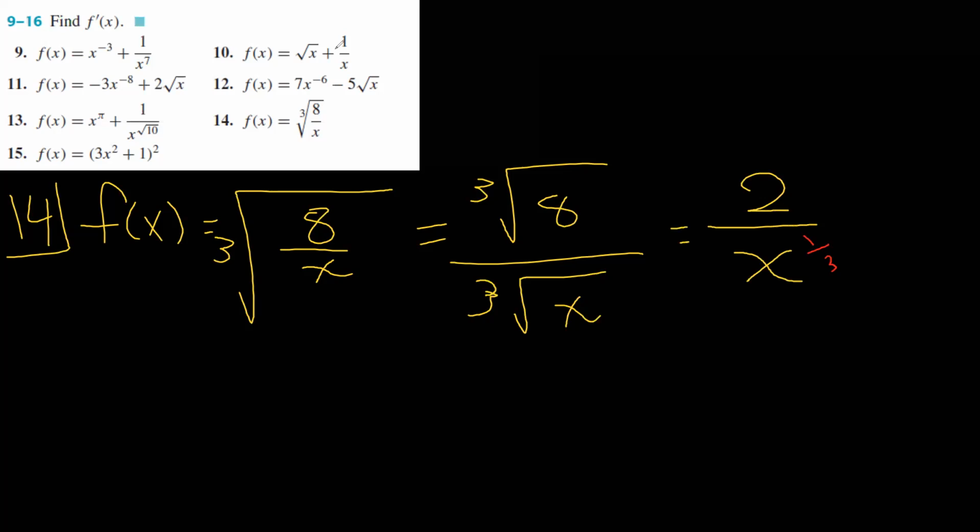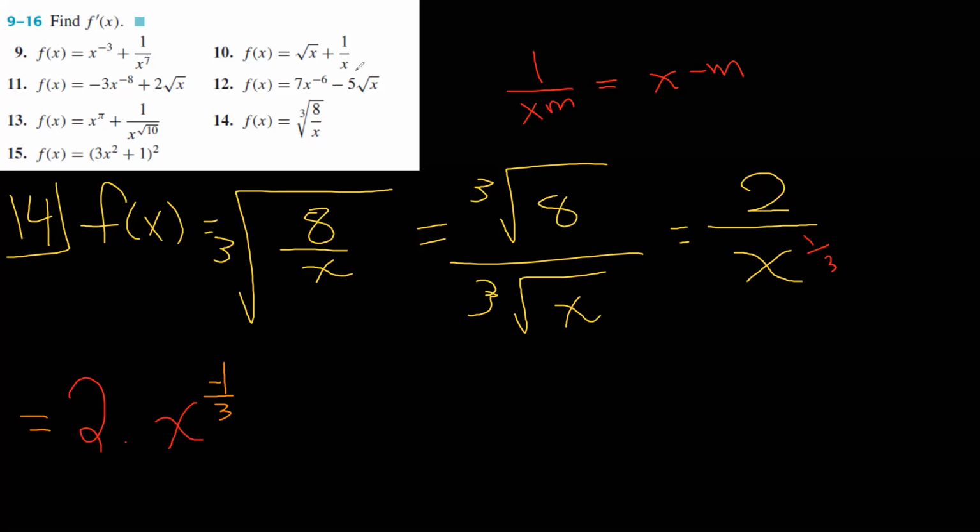Then after that, it is 2 times 1 over x raised to 1 over 3. 1 over x raised to m, I can write as x raised to the power negative m. This is a negative exponent. So here it will be 2 times x raised to the power, who can tell me? Negative 1 over 3. Thank you. Then after that, this is now my function.